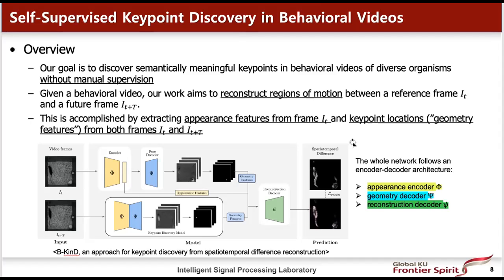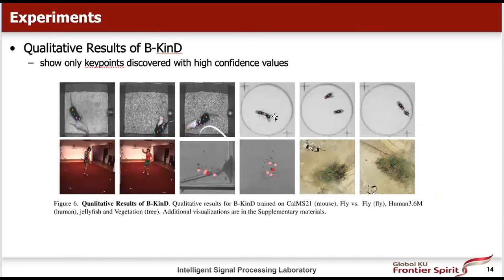I think, if you go to the experiments, slide 14, I see that there is a picture here having two flies. So multiple objects can also be there. I think it can also be used for two objects.